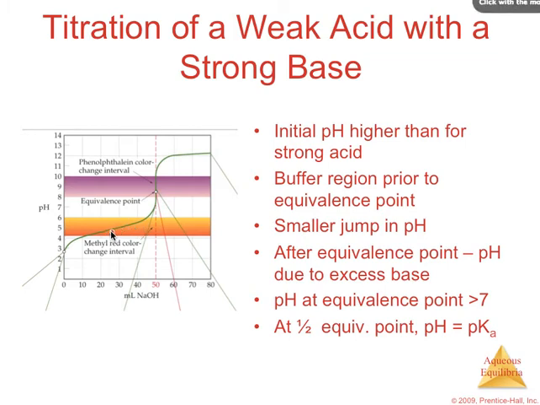An interesting thing to note: at half of the equivalence point, so if the equivalence point is at 50 milliliters of base added, at 25, the pH at this point is equal to the pKa of the acid.